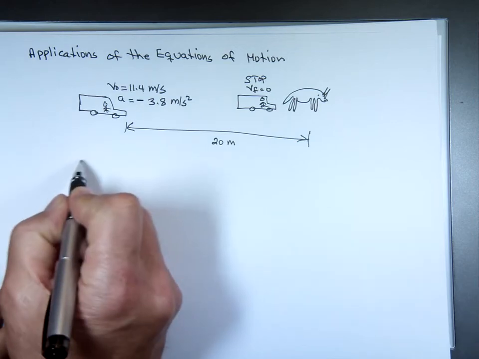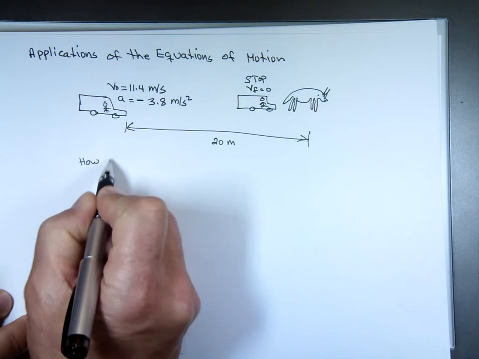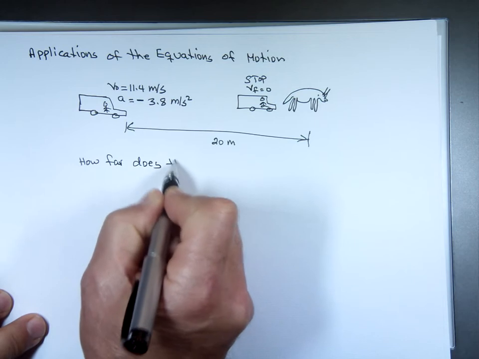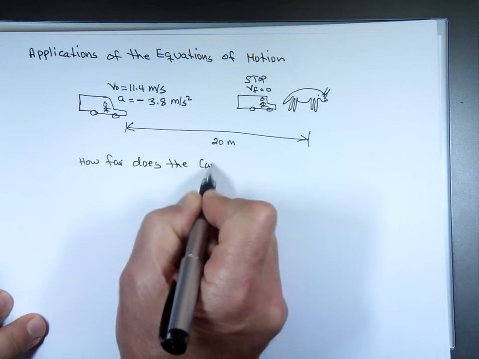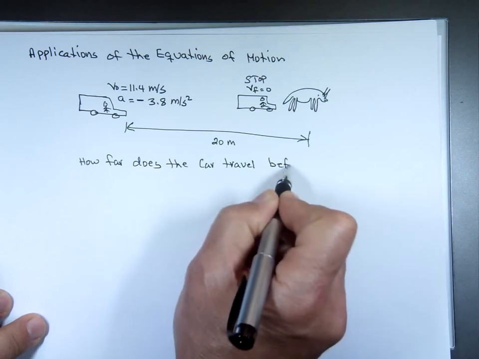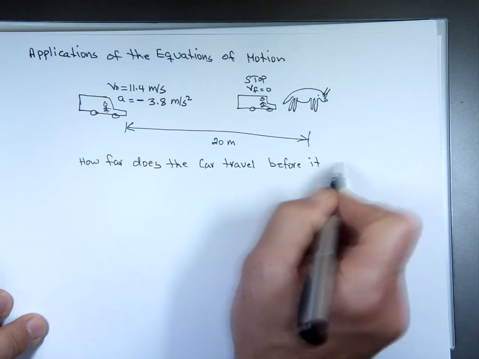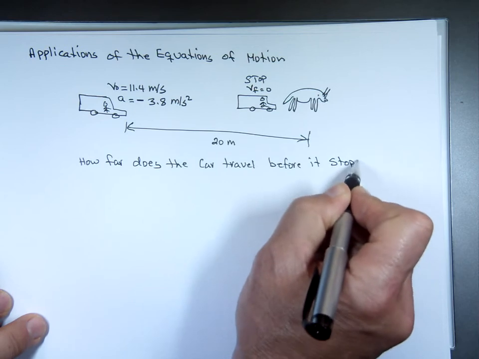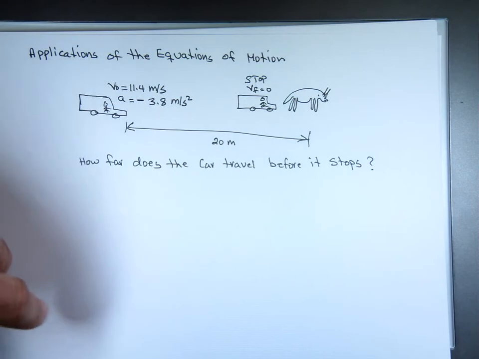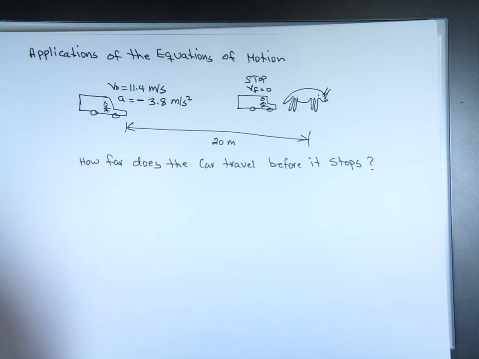How far does the car travel before it stops? And if the answer is more than 20 meters, that deer is history. It's venison meat. I don't eat that. Ugh. If it's less than 20 meters, the deer is safe.